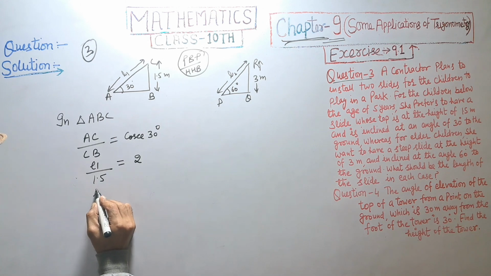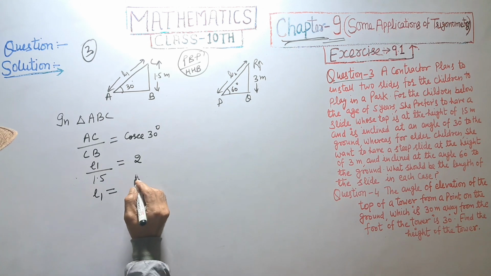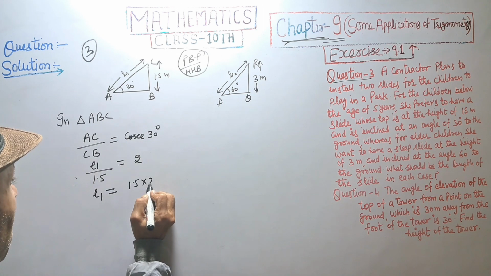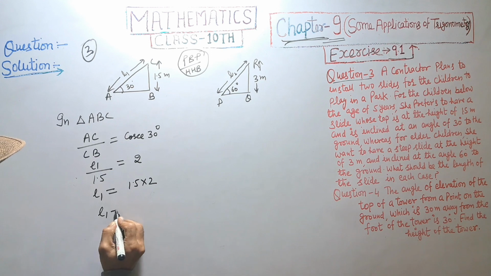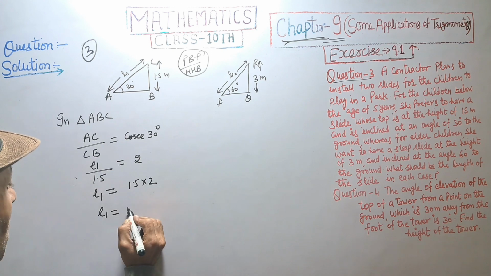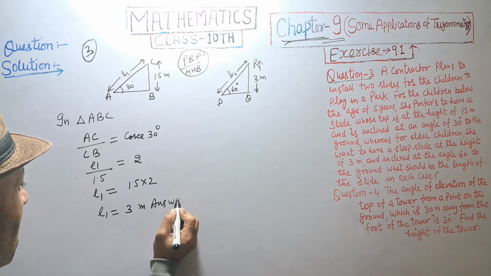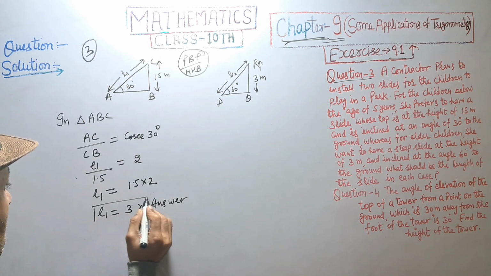So length L1 is equal to 1.5 multiplied by 2. So L1 is equal to 3 meter. Answer.